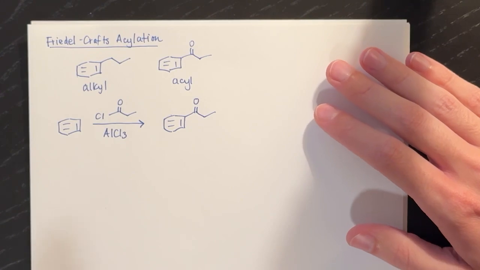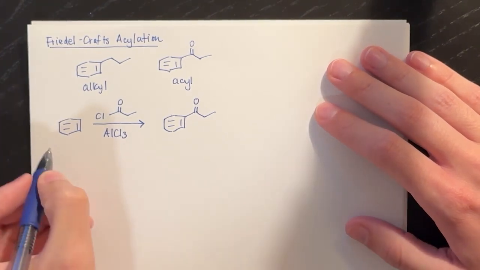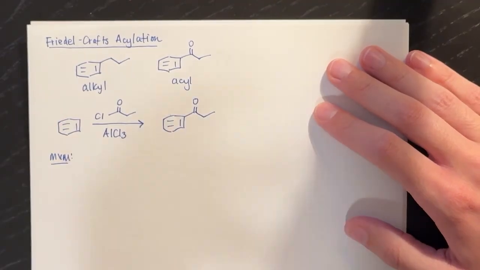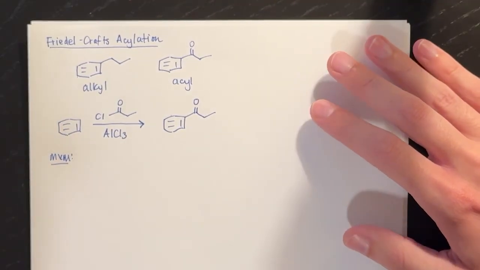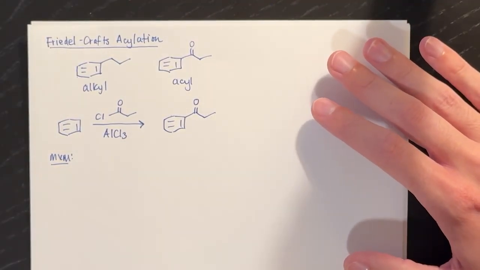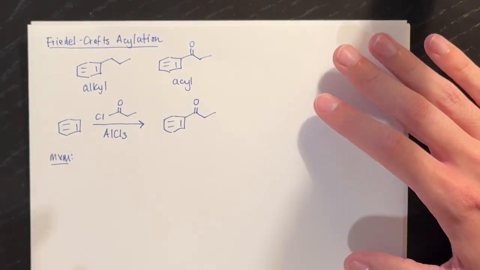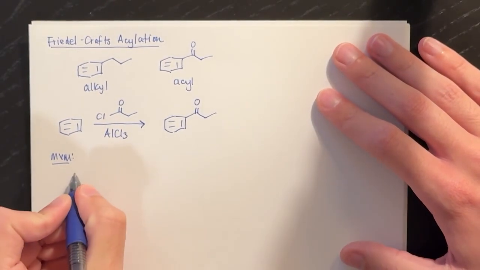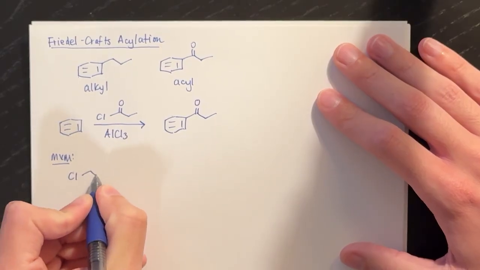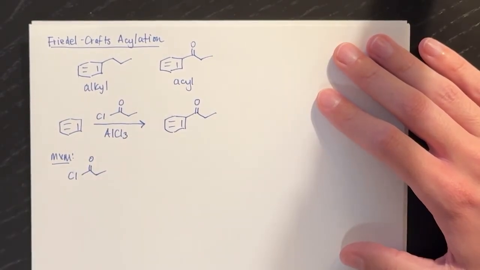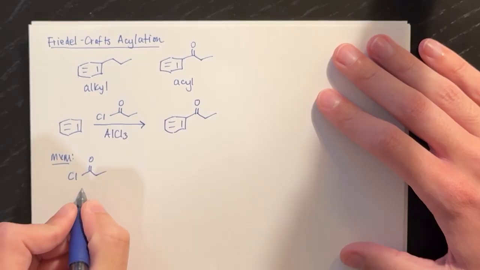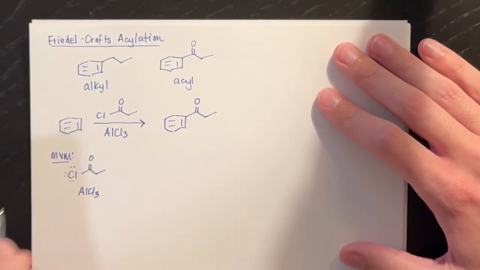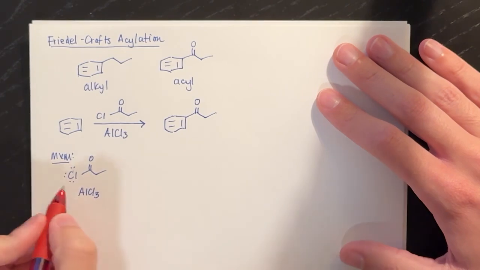So let's look briefly at what the mechanism is going to look like for this one, not because I necessarily want you to be able to draw it, but because I want you to understand why we don't get a carbocation rearrangement, at least at the surface level. So there's our acyl halide. Here is our aluminum trichloride. And we're just going to do the same thing that we've been doing.